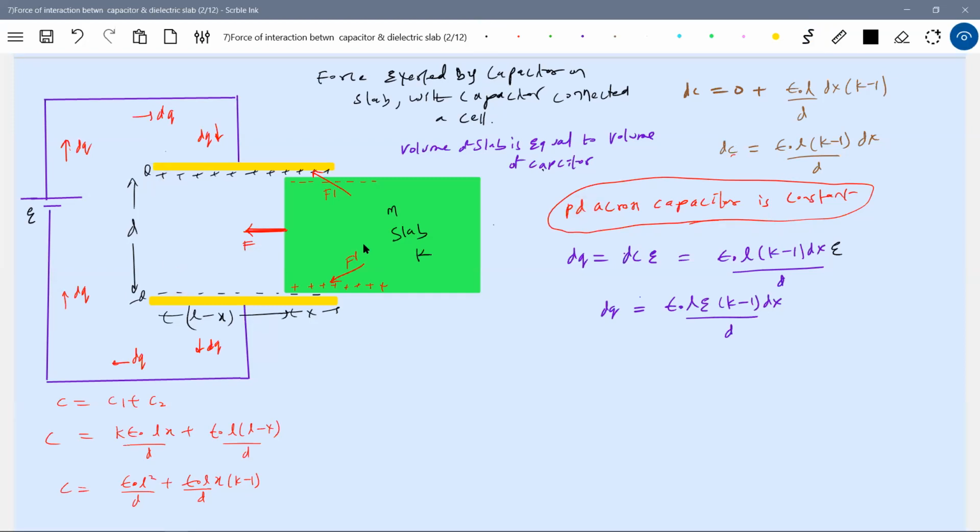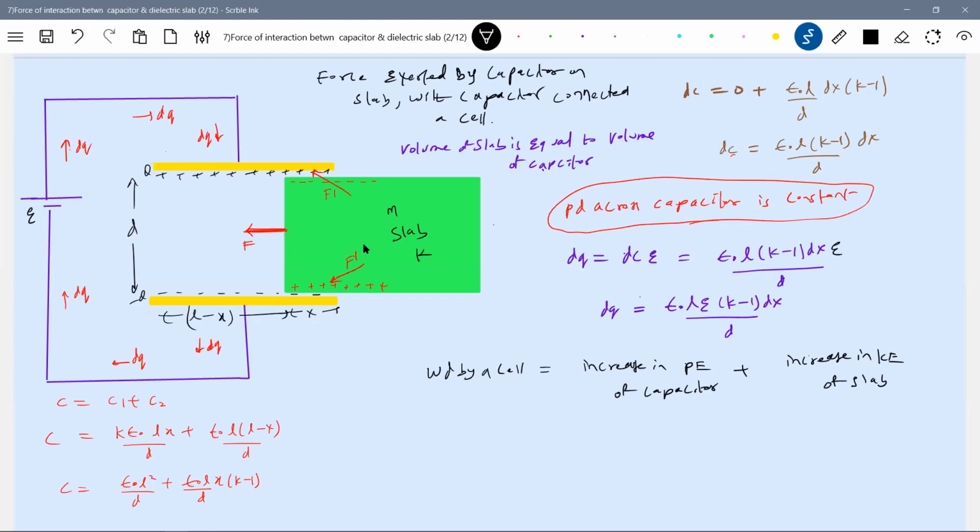Work done by a cell is equal to the increase in potential energy of the capacitor plus the increase in kinetic energy. Sir, how can you say kinetic energy increases? If you go back to laws of motion, if a force acts on a slab, it will accelerate. Due to acceleration, speed will increase, and due to increase in speed, kinetic energy increases.